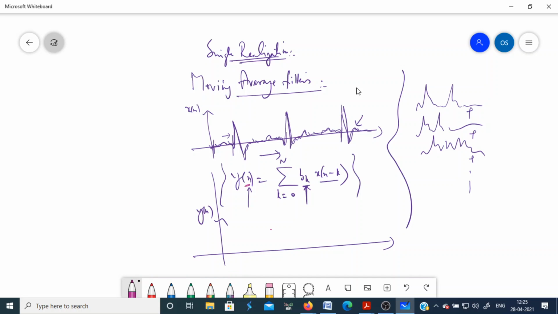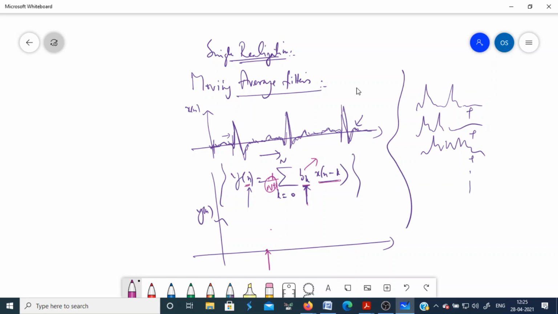For any particular instant of time, x[n-1], x[n-2], up to x[n-N], the previous N+1 samples, are multiplied with the filter coefficients and added together. You can write 1/(N+1) here because it is an average, or you can incorporate this factor in b_k itself to get the averaging.